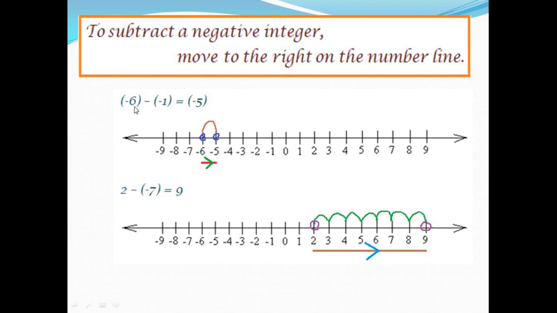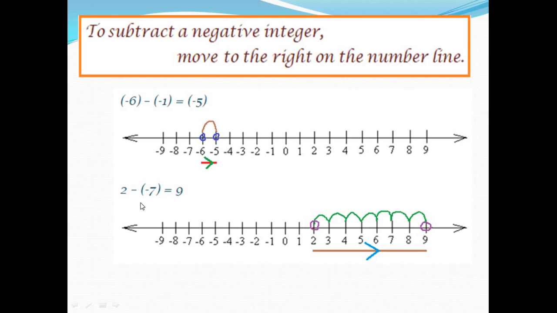So, using the rule, start from negative 6, move towards right by, we are not considering the sign, we will take only the magnitude. So, we have to move only 1 unit. So, we reach at negative 5. So, the answer is negative 5.